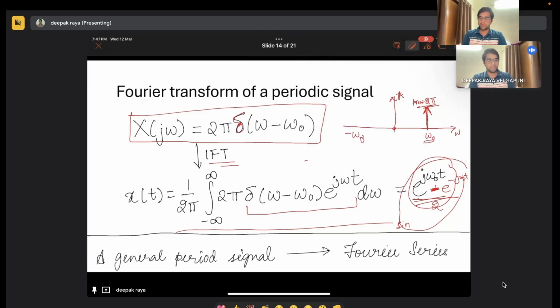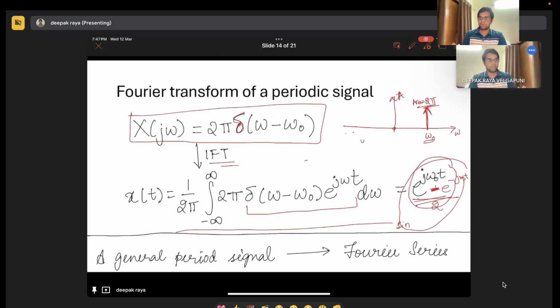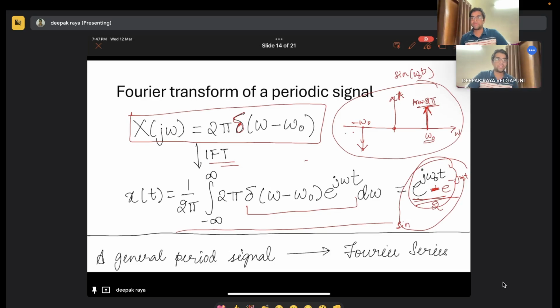Yeah, this will actually be a negative. You will have an impulse at omega naught and at minus omega naught. So basically this is the Fourier transform of sine omega naught t.